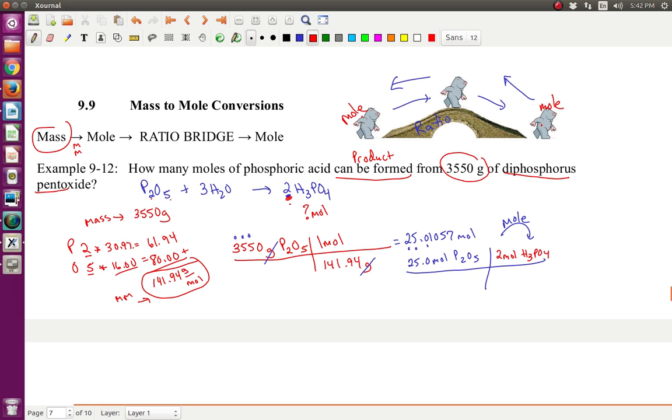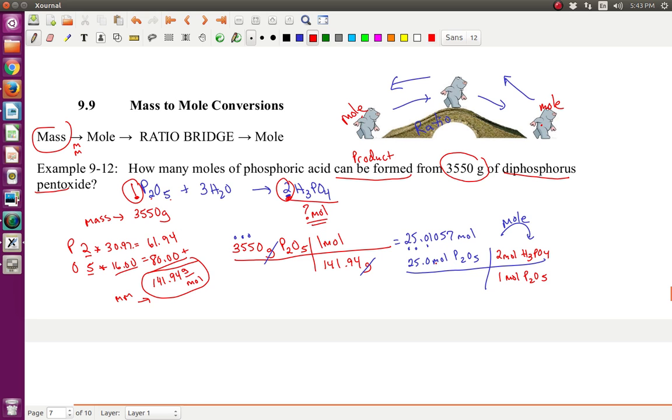I create 2 of those for every 1 mole of diphosphorus pentoxide. Remember, that's the ratio. It's a 2-to-1 ratio in this case. And this goes on top because it's my question, and the question needs to not be eliminated.